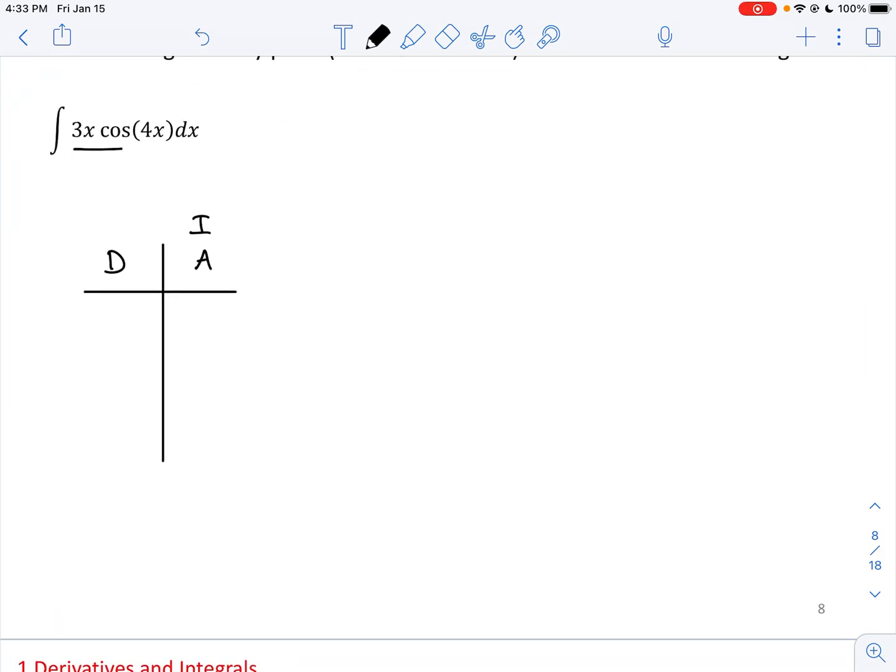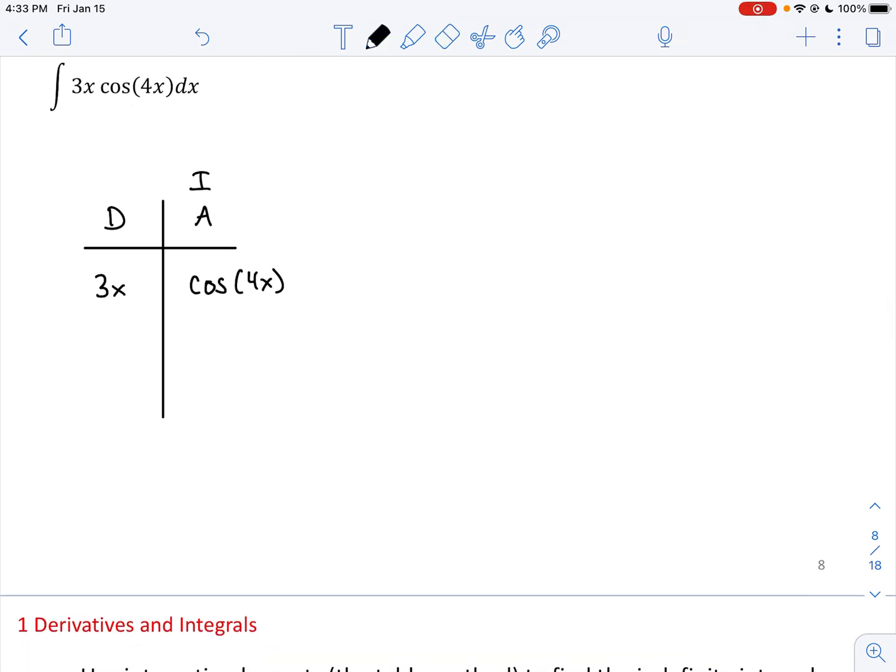I'm going to take the integrand and factor it. Now it's already factored, it's 3x and cosine 4x. And in this case, I put the 3x in the differentiate column and the cosine of 4x in the anti-differentiate column, and I do one extra row, meaning I differentiate what's in this column once, that gives me 3, and then I anti-differentiate what's in this column once.